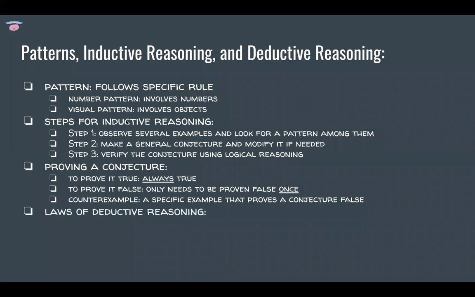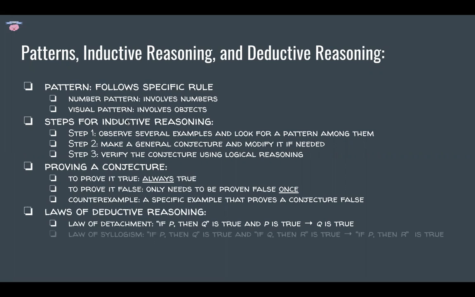Now for deductive reasoning. Like I said, that involves logic. So law of detachment: if P, then Q is a statement. If that's true and P is true, then Q is true. This doesn't mean much now, but when we get into statements later this lesson, you will understand it. Law of syllogism: if P then Q is true, and if Q then R is true, then if P then R is true.